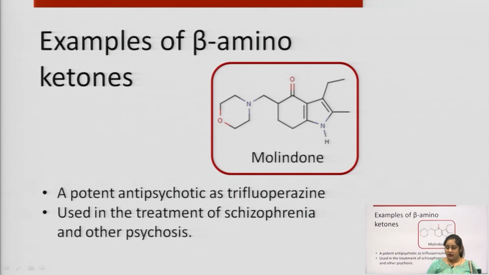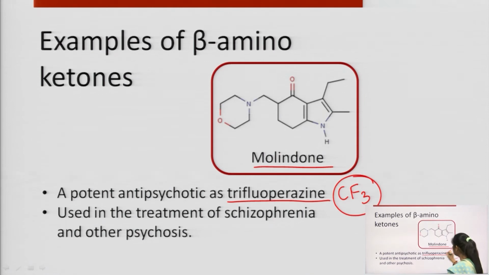Further, the different examples of beta amino ketones. When we talk about beta amino ketone, the example is molindone. This is also an antipsychotic agent that is very potent and is comparable to trifluperazine, one of the most potent compounds, which we have already studied in case of phenothiazine derivatives, with a CF3, the best substituent.